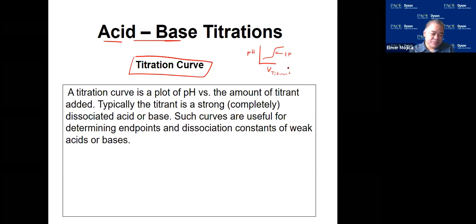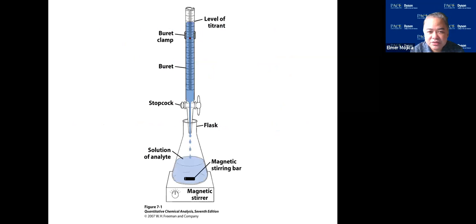This morning, we're going to look at the different types of acid-base titration. It has to do with the strength of the acid or the base being titrated. This is the typical titration setup.